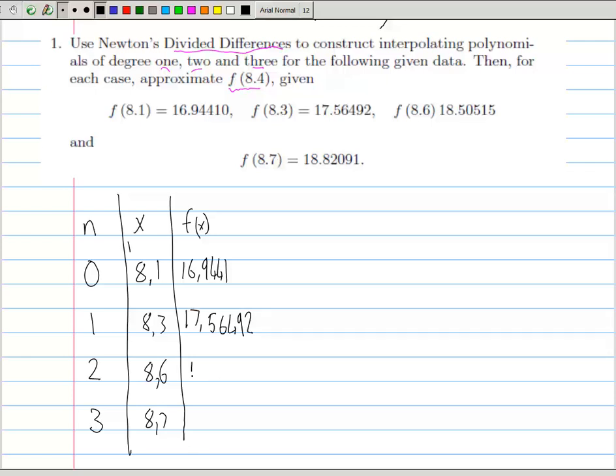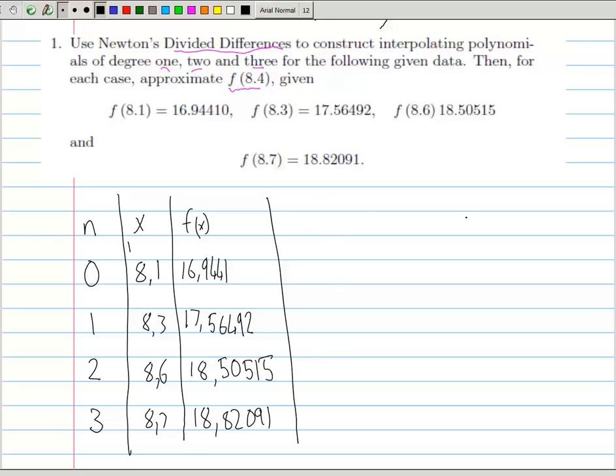Then we have 18.50515. And then final term we have 18.82091. And I'm just going to put a line there as well, just to make it nice and neat.